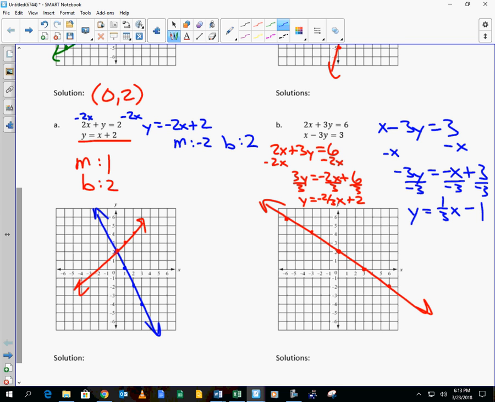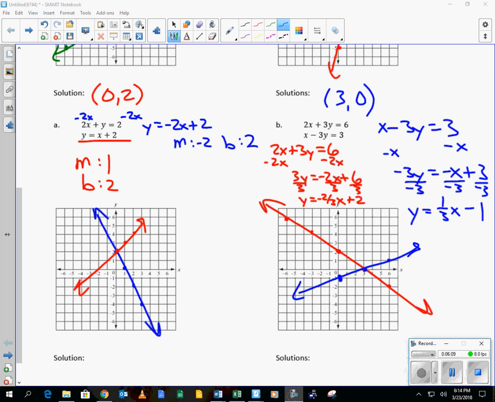Y is 1/3 x minus 1. The y-intercept is negative 1. Slope is 1/3. So I rise 1 and run 3. So you can see I have a solution point of 3, 0. That's my intersection point. I'm going to pause this video and go make copies and come back and finish it up.